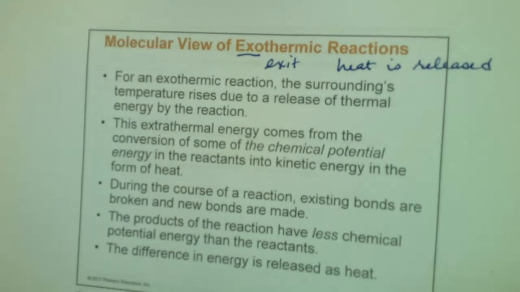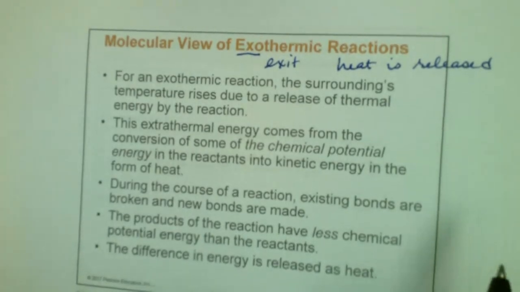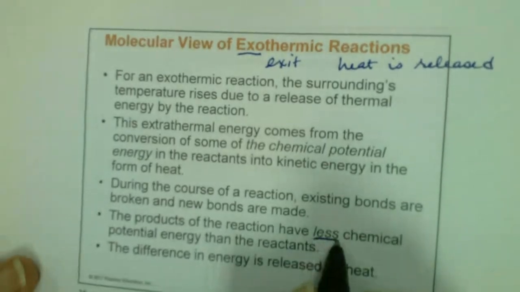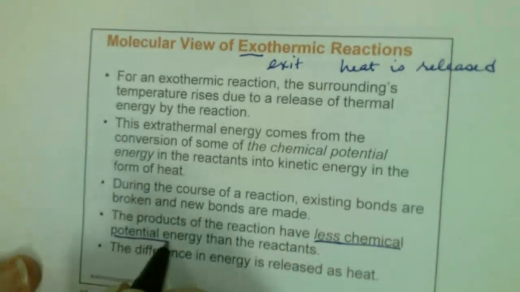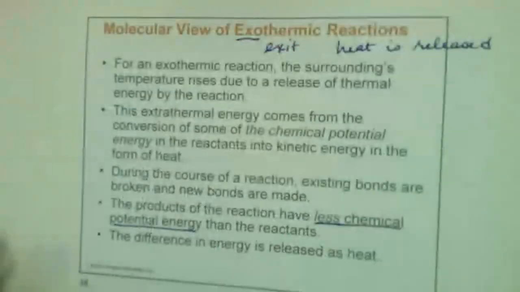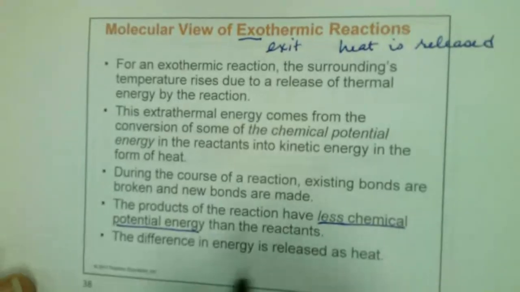During the course of this reaction, existing bonds are broken and new bonds are made. We're going to see this when we start calculating energy and how those values are determined. The products of the reaction, and this is really important, have less potential energy than the reactants because it's giving off that energy. The difference in the energy is the released heat.